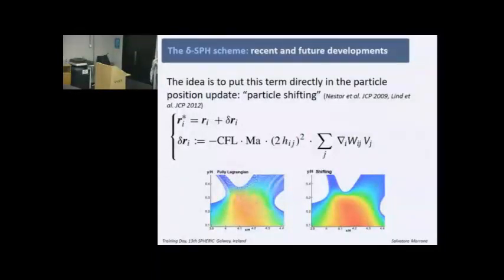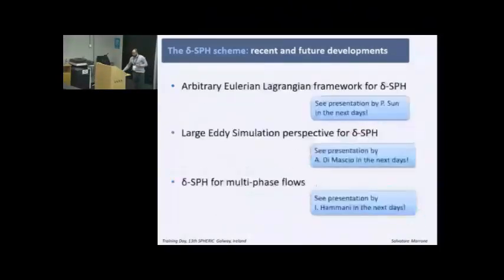It's not justified in any mathematical way. It's a deviation from the Lagrangian trajectory. In this arbitrary Lagrangian framework, we try to do this in a consistent way, so to rearrange the equation in order to perform small deviations of the particle position in a consistent way, avoiding being inconsistent with the Navier-Stokes equation.